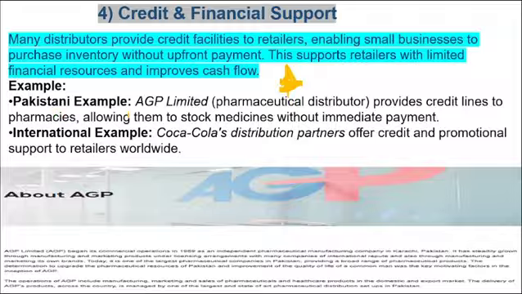Let's see with the Pakistan example. AGP Limited, which is a pharmaceutical distributor, provides credit lines to pharmacies, allowing them to stock medicines without immediate payments. Okay, credit means that they are supplying the product to the shopkeepers and getting the payment not on that same day, but depending on the credit limit, maybe 1 week, 15 days, 30 days or 60 days.